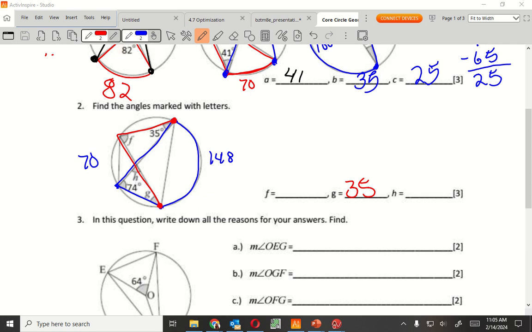So F is going to be 74. So I erase because now we have to find H.